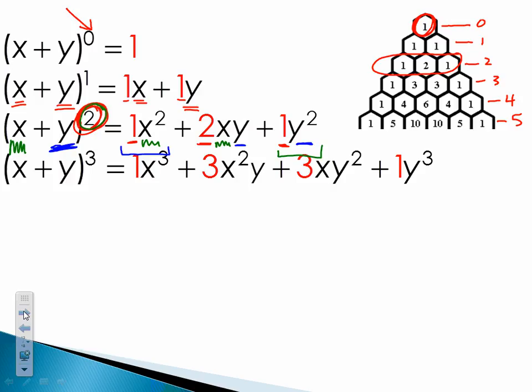All right, let me get some of this stuff out of the way so you can see. Okay. All right, start now. X plus y to the third power. That means go to Pascal's triangle and grab row 3. Right here. My coefficients are going to be 1, 3, 3, and 1.